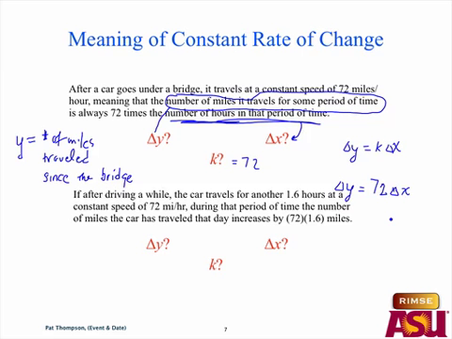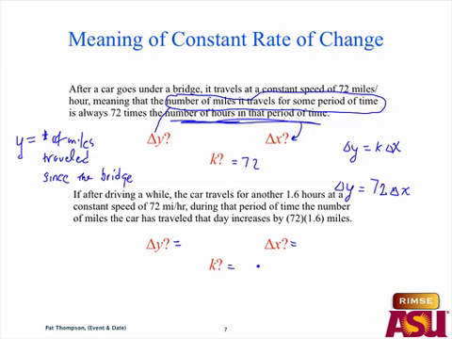So delta y would be 1.6 hours, k would be 72, and then we change the x. The first 1.6 hours. 72 miles an hour would be a constant. In this scenario, what is delta y?